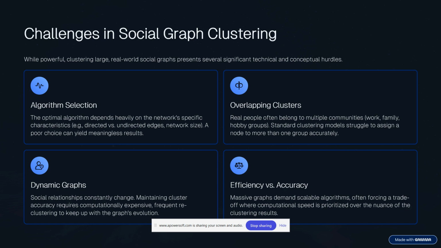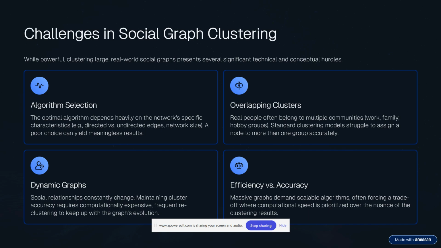A poor choice can yield meaningless results. Dynamic graphs. Social relationships constantly change. Maintaining cluster accuracy requires computationally expensive, frequent reclustering to keep up with the graph's evolution.